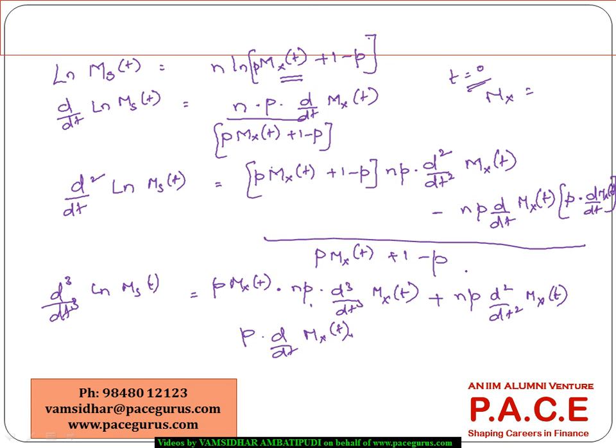So whatever is getting simplified, overall it is working out that the skewness is nothing but np m3 minus 3 np squared m2 m1 plus 2 np cube m1 cube. You can try simplifying all these things by substituting t equal to 0. This is what will come to us as the value of the skewness, divided by the variance to the power 3 by 2 will give me the coefficient of skewness.